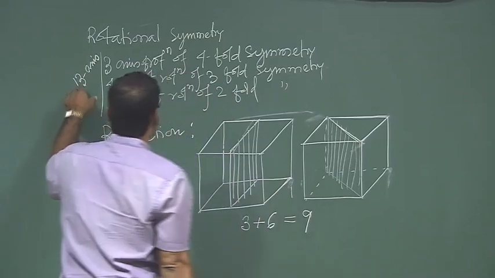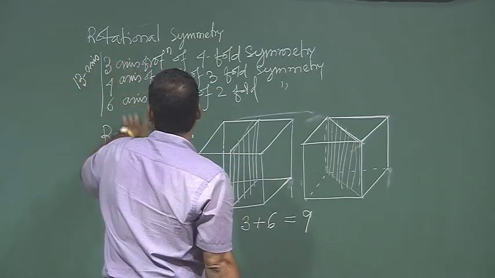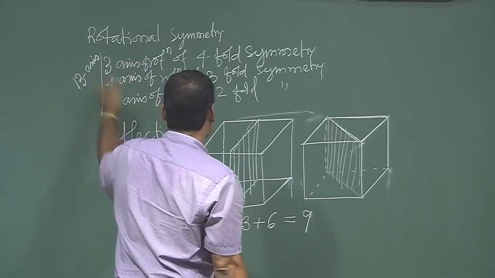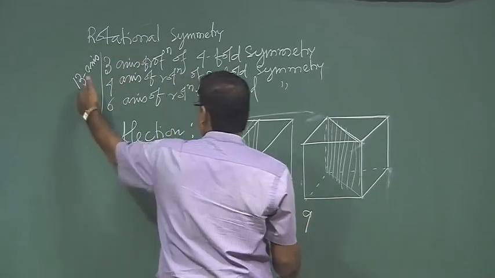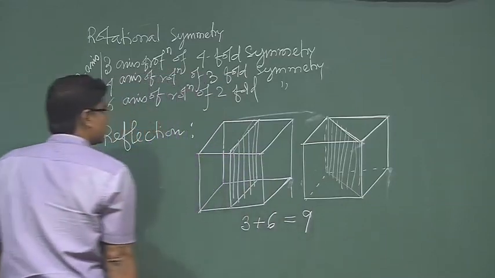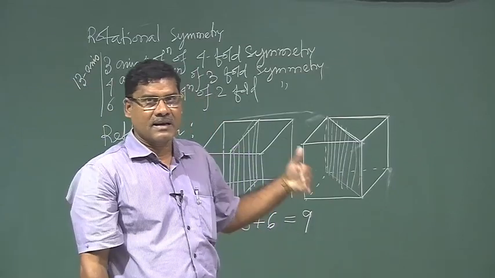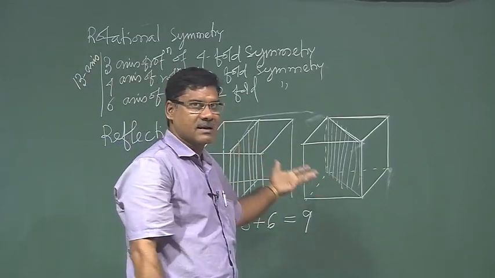So, in total, the rotational and reflection symmetries together give basically 22 symmetry elements for the cube crystal. Here I have just taken the cube crystal, so that is why this is the number.